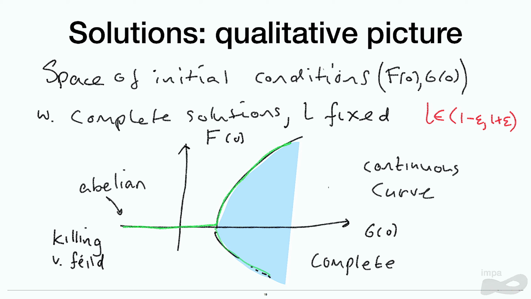And so that's a bit mysterious. I've explained the abelian solutions, but why are these other things happening? Why have I distinguished two different colors on the picture?